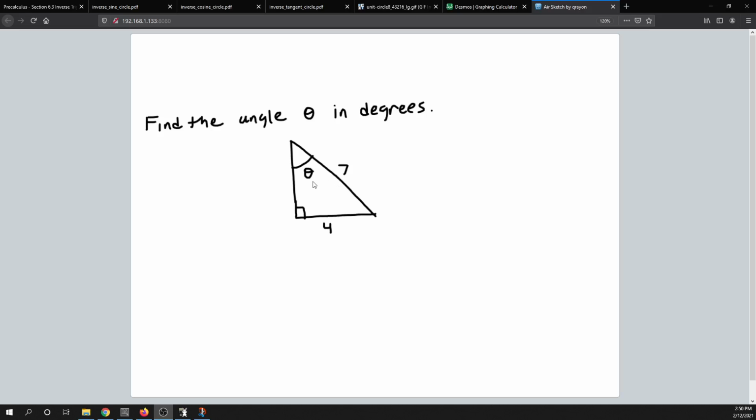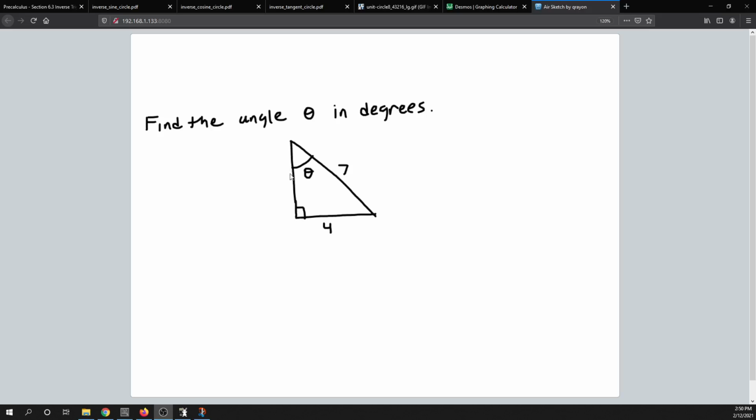So we're given two of these sides, and focusing in on the angle theta, we can see that of the sides we were given, one is the hypotenuse, that's the side opposite the right angle. And then the other one is the opposite side. Of the two legs, here's one of the legs, and here's the other leg.